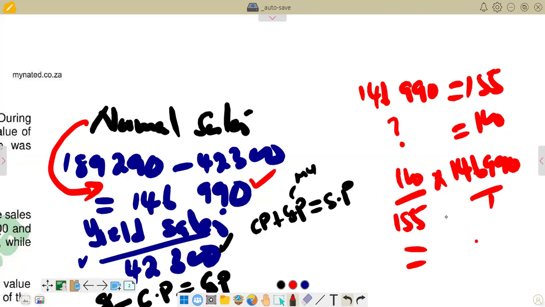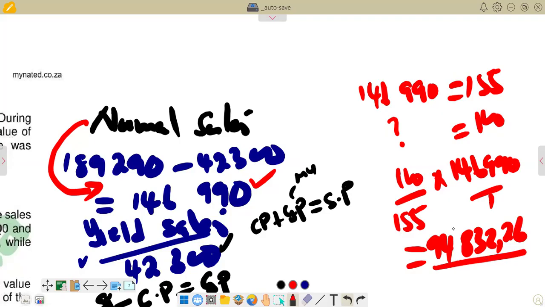You'd see that the answer that you are going to get there is 94,832.26 to the nearest two decimal places.